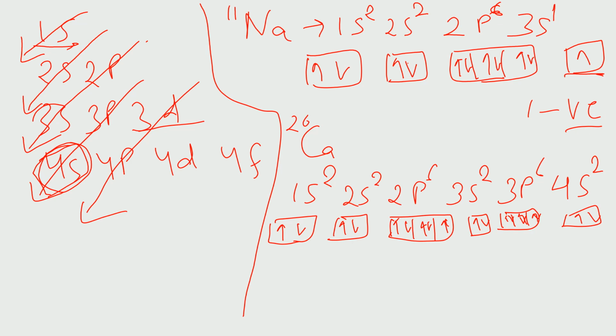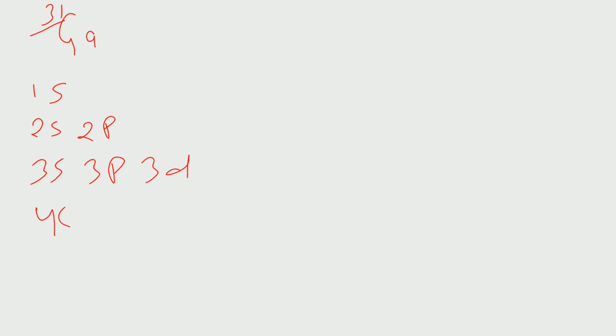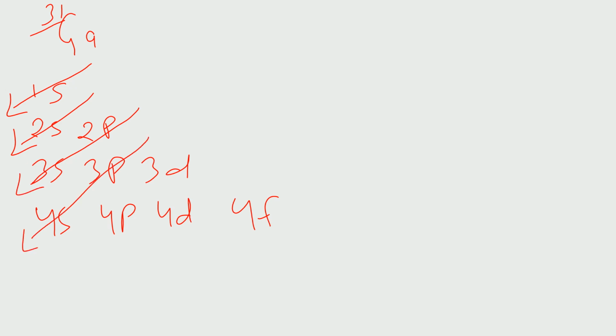Now let's write some more electronic configurations. Let's take the example of gallium. It has atomic number 31, which is the number of electrons. This is the diagram that we follow to write the electronic configuration. Let's start writing.